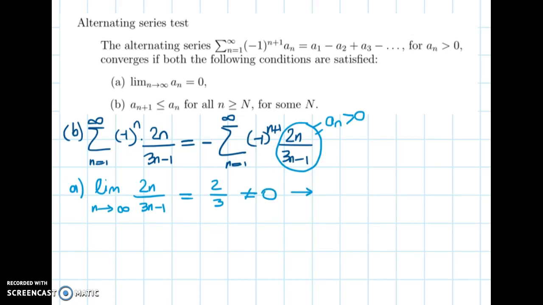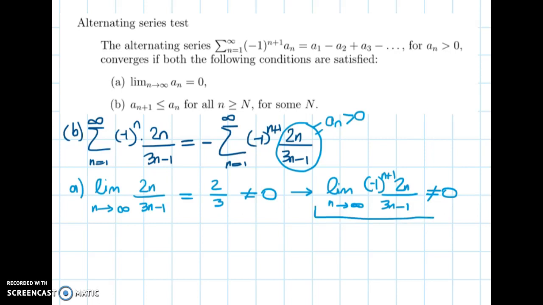So let's go slowly. First of all, if we also take into consideration the change of signs, the limit is also not 0. This is going to be oscillating between 2/3 and negative 2/3. So this limit is not 0.